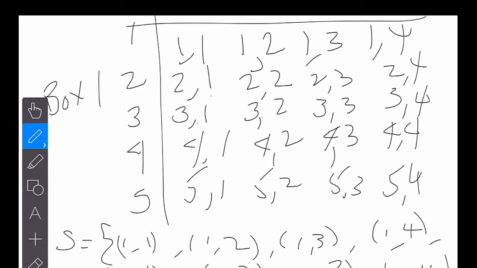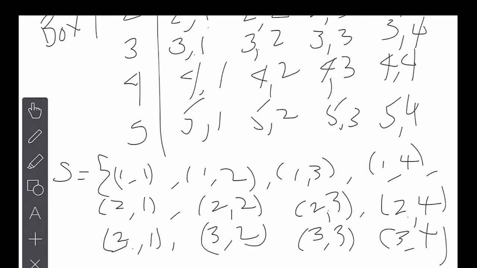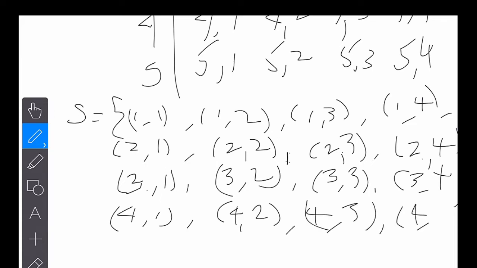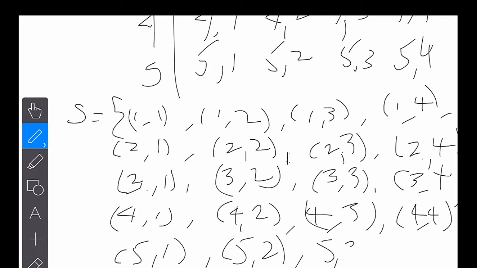Let me put this up. You put all the punctuation in. 4, 3, 4, 4, and then finally 5, 1, 5, 2, 5, 3, 5, 4, and with a closing curly bracket.